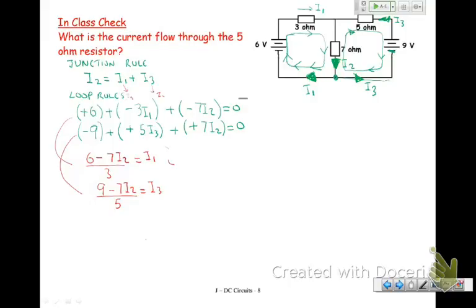So now I take these two and I substitute them into I2 equals I1 plus I3. So I2 equals, I1 is 6 over 3 minus 7 over 3 I2, added to I3 which is 9 over 5 minus 7 over 5 I2.